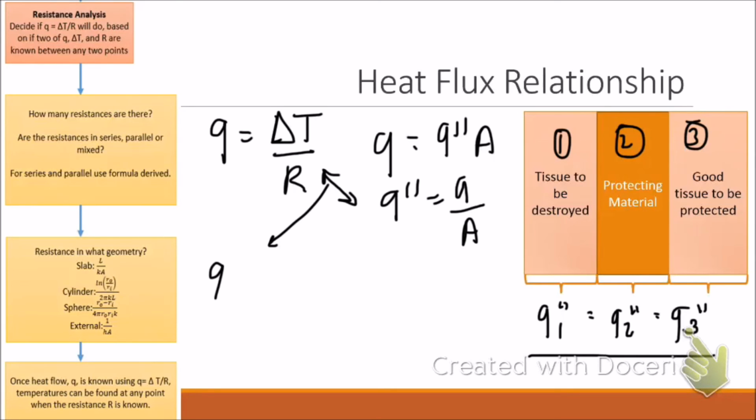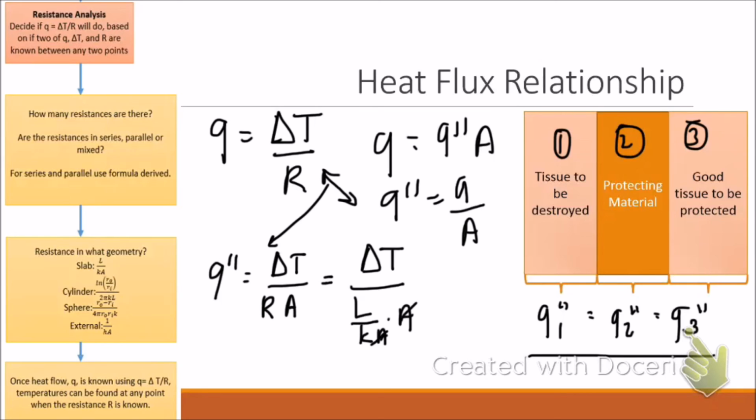And by doing this, we get the heat flux is equal to the change in temperature over the resistance times the cross-sectional area. And we can plug in our equation for resistance to get the change in temperature over L divided by k times A times A. And if we simplify this, we get something that looks a lot like the Fourier equation for heat flux.